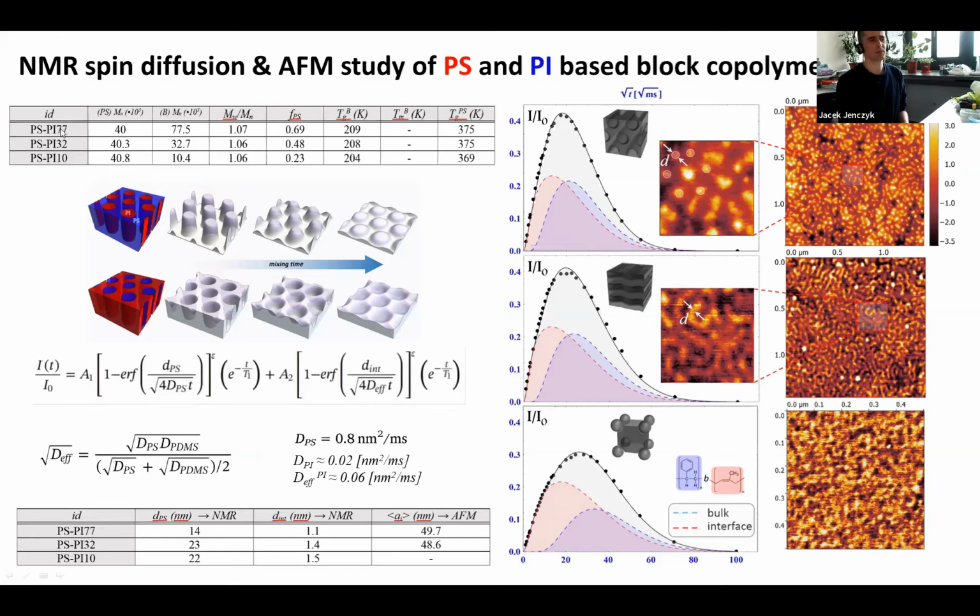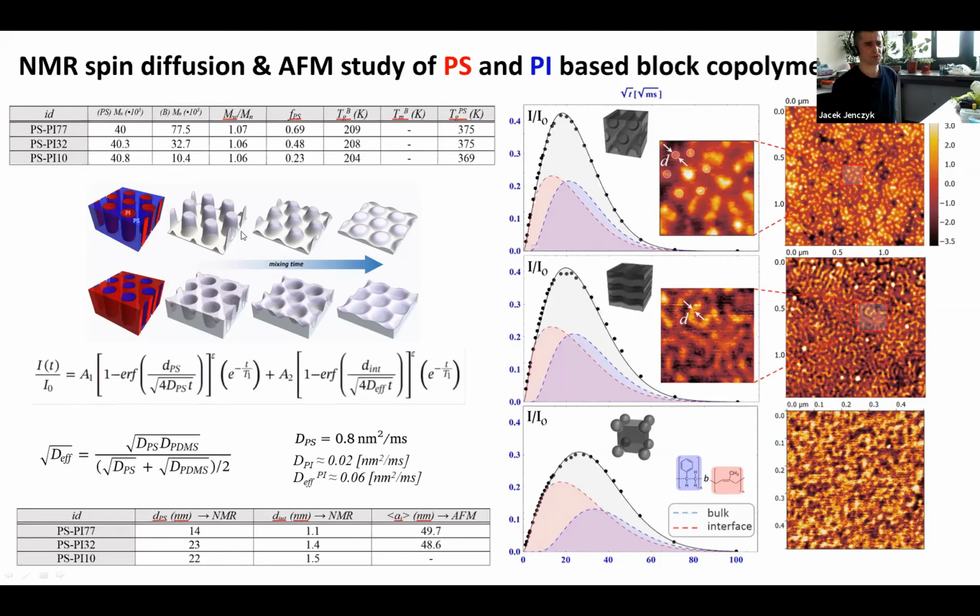While polyisoprene, the second component, is a very mobile polymer. Its glass transition is around minus 70 Celsius, I guess. So at room temperature, it is a very mobile polymer. So that's the point. We have two different components, and both of them exhibit completely different molecular dynamics.